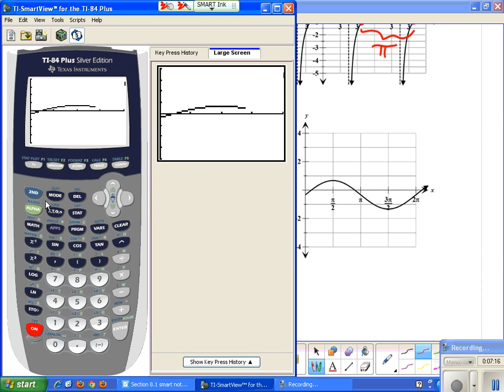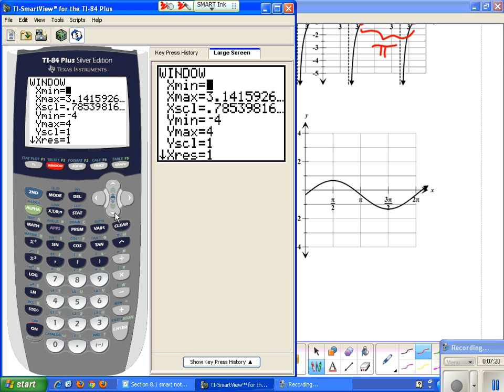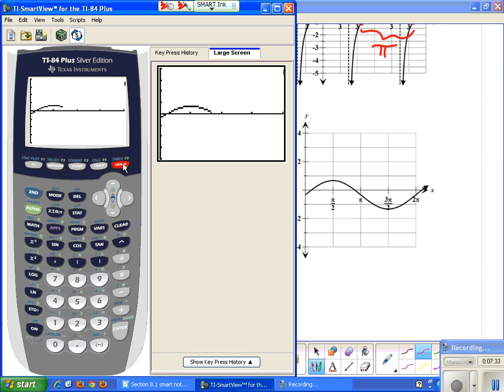And of course, I'm not looking at a good window, so I need to change my window from 0 to 2 pi, and I'm going to change my key points to pi over 2, and then hit graph. So that's the window I want to look at, because those are going to help me with my solutions. After that, those are the values that you're going to just keep repeating for whatever the length of your period is. So notice I have a 0 here, I have one right here, and it stops for one length of one period.